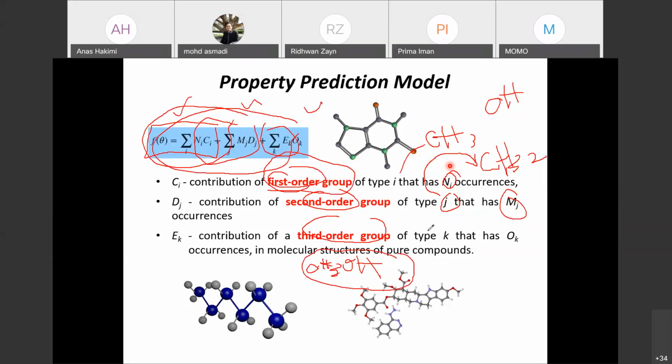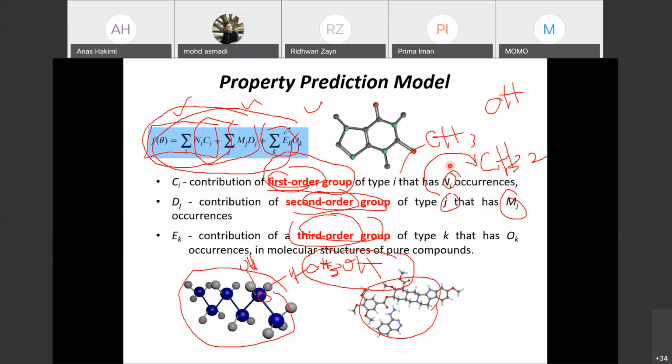And if it is polyfunctional, something like this one, then you need the second-order as well as the third-order groups. So how many OH, for the third-order group.